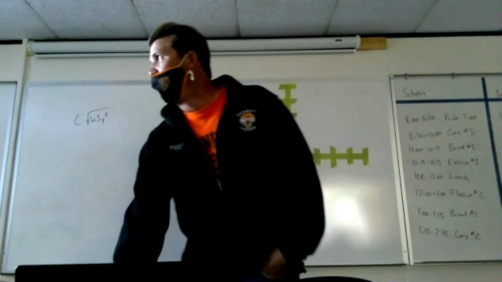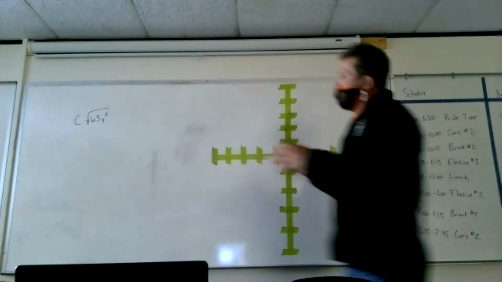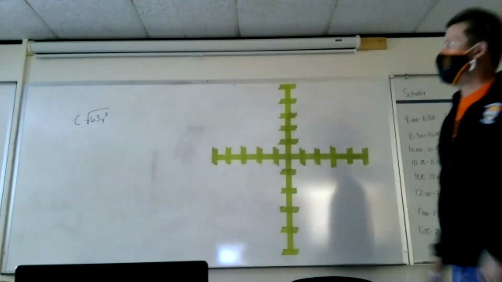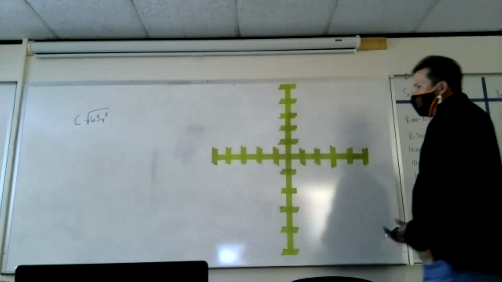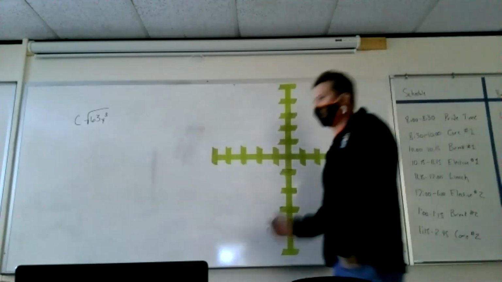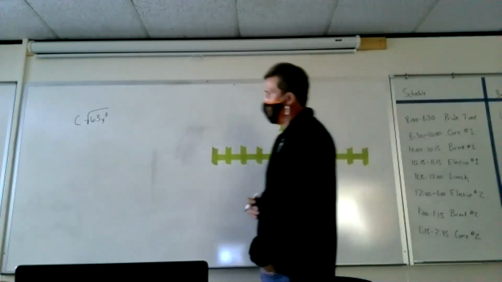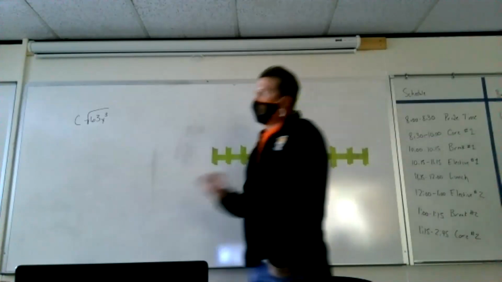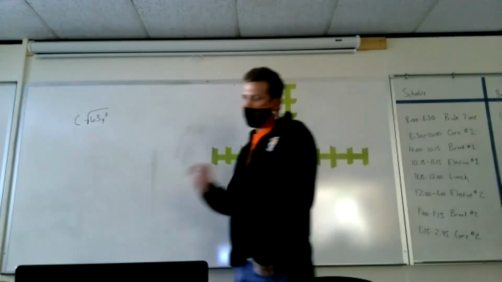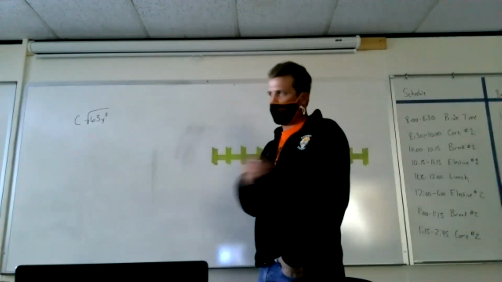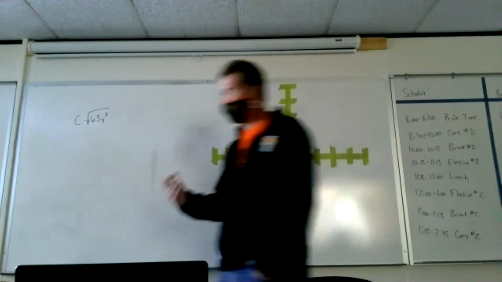Now since I'm using a square root, I want to break this 63 up so that I'm able to have a perfect square. So I'm going to think of the factors of 63. 1 and 63. The next one that jumps to my mind is 9 and 7. 9 is a perfect square, and I'm trying to find the square root. So that makes it a very easy problem.